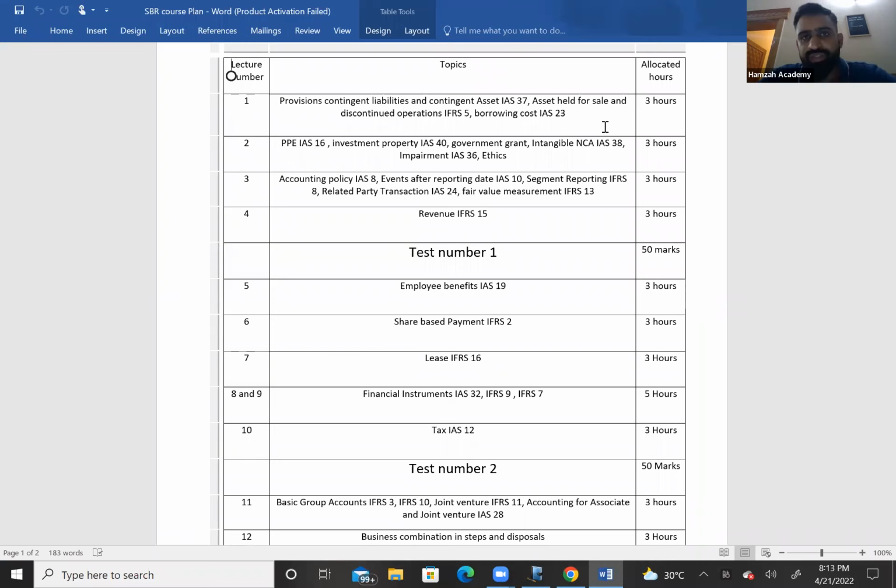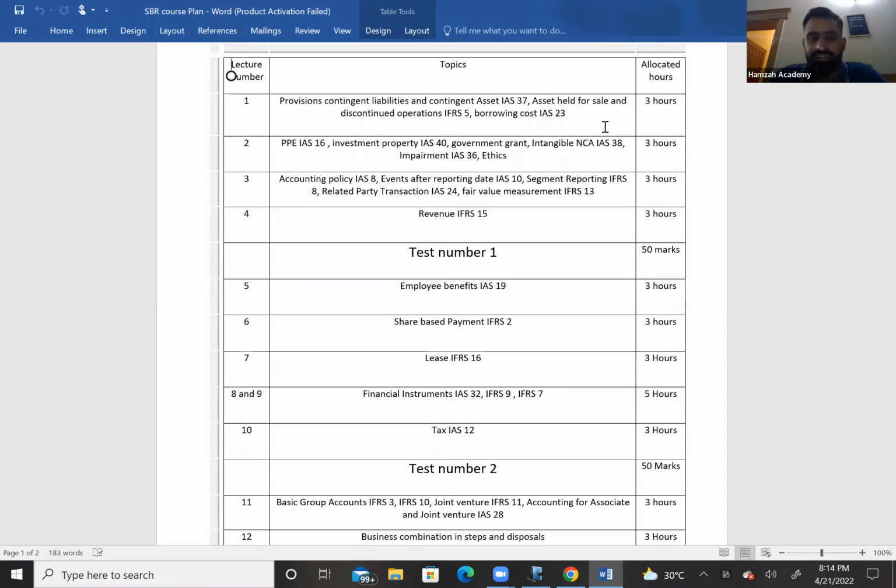In segment reporting, basically, just assume a multinational company which is operating in different geographical areas or different product lines, and that is a listed company, and users of the financial statement need the information regarding the specific product or specific geographical area. So in that case, we have an option to do a segment reporting. We report the financial performance of a specific geographical area along with the financial statement. That is known as segment reporting.